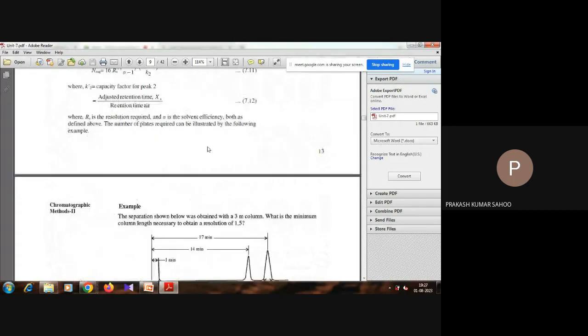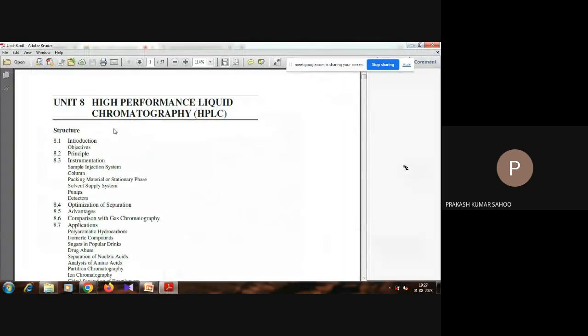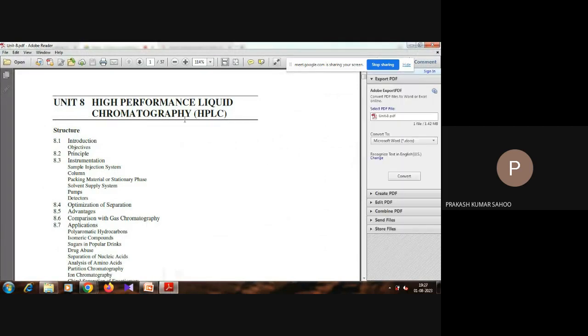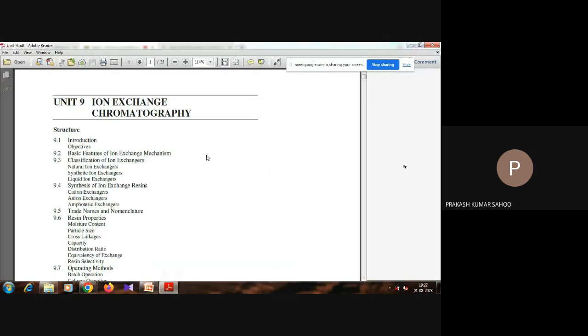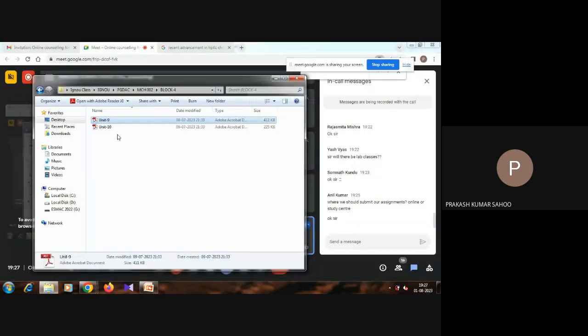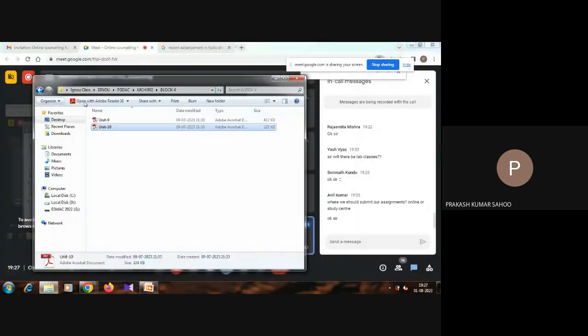So that's why this is a very effective chromatography, which is followed by HPLC, like HPTLC. We have HPLC, high performance liquid chromatography, in our unit 8, followed in unit 9 by ion exchange chromatography, then followed by size exclusion chromatography, where separation depends on the size.